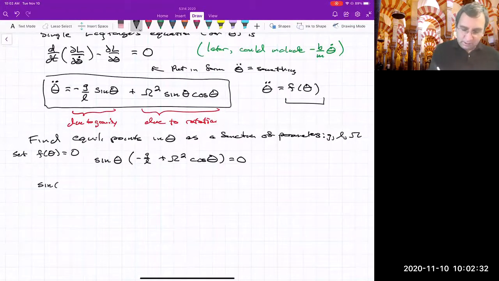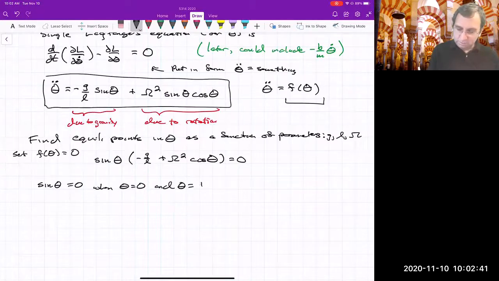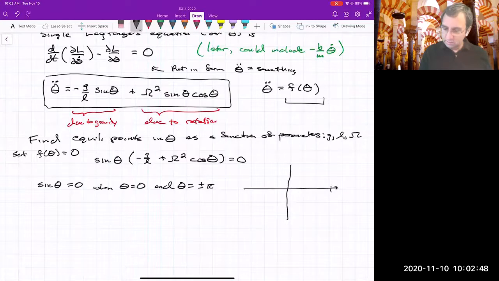So sine theta equals 0 when theta equals 0, and theta equals plus or minus pi, right? I mean, if we were to just sketch what sine theta is, we get sine theta is 0 at minus pi, 0, plus pi.